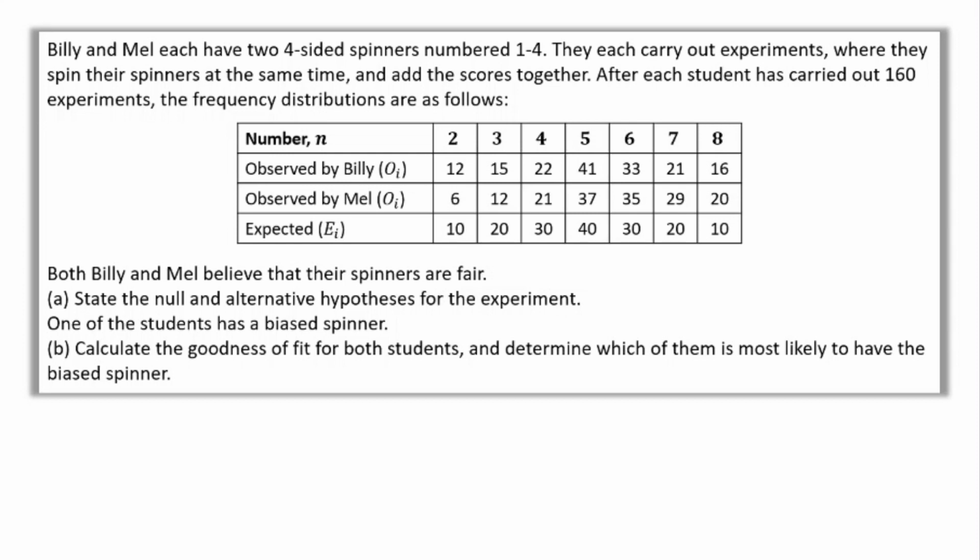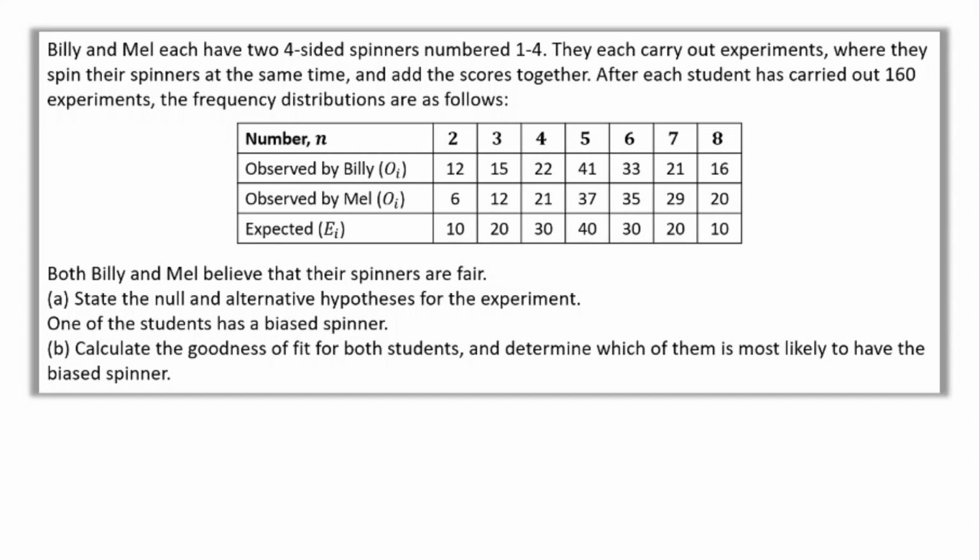Alright, we've been asked to give the null and alternate hypotheses for each of their experiments, and we've then been told that one of the students has a biased spinner. Which of the two do we think is most likely to have the biased spinner?